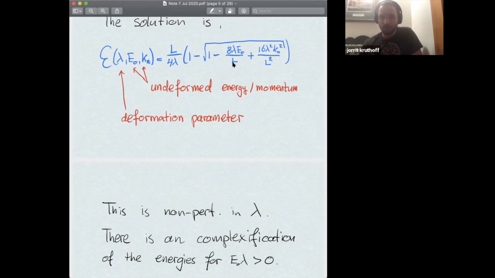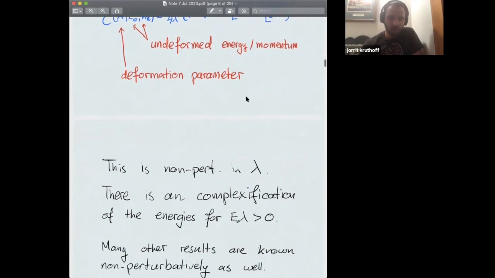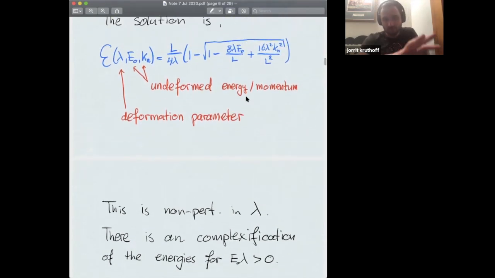Should you throw them away, the states that have complex energy, or is there some other non-perturbative effect that kicks in and makes it all fine? Yeah, so that's what I wanted to tell you about these energy levels. Are there any questions about that?